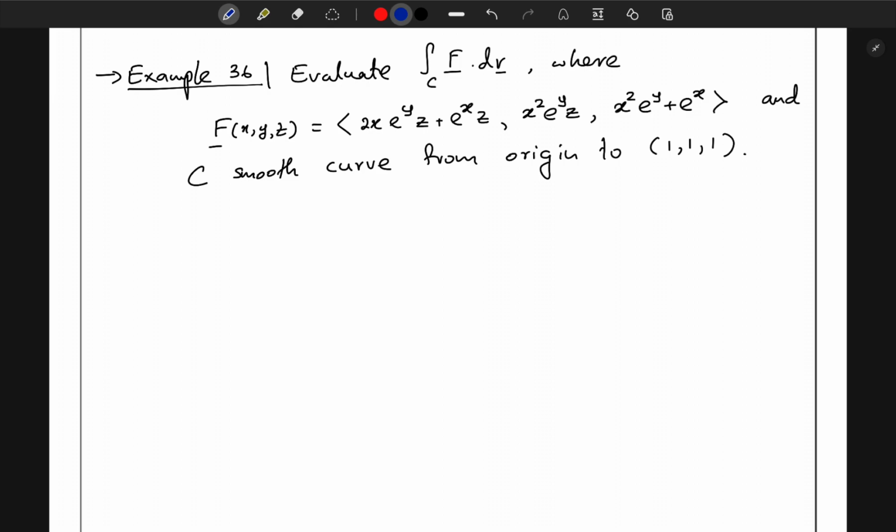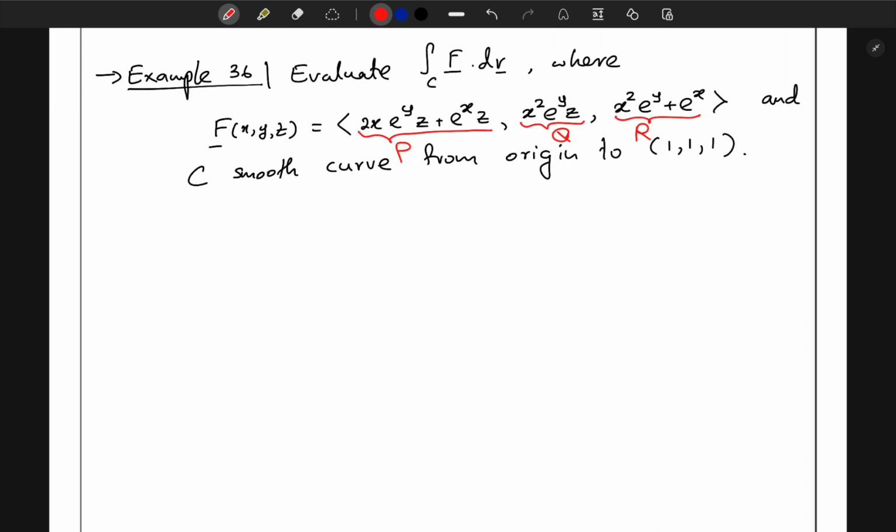Right? Now each and every coordinate, let me label them. This is p, second coordinate q, third coordinate r. Now they are nice functions, polynomials and exponentials, all defined everywhere.